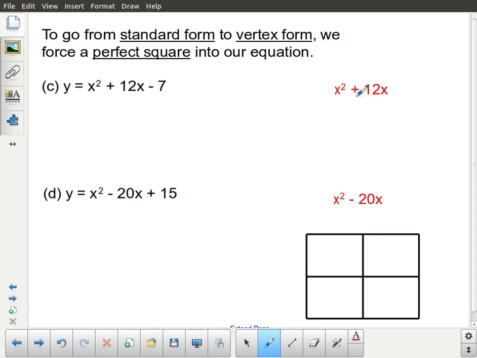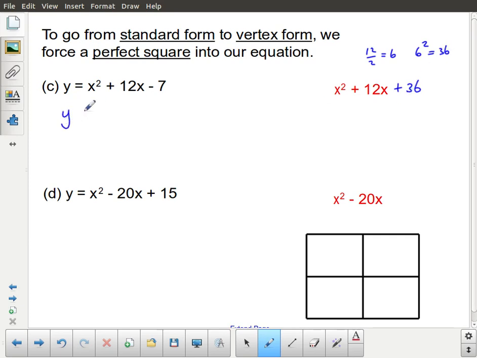So, as I already illustrated previously, what we want to do is take half of 12. 12 divided by 2 is equal to 6. And then square that. 6 squared is equal to 36. So x squared plus 12x, that's going to be plus 36. But we're not allowed to make a number appear out of thin air, and so we have to also subtract that 36.